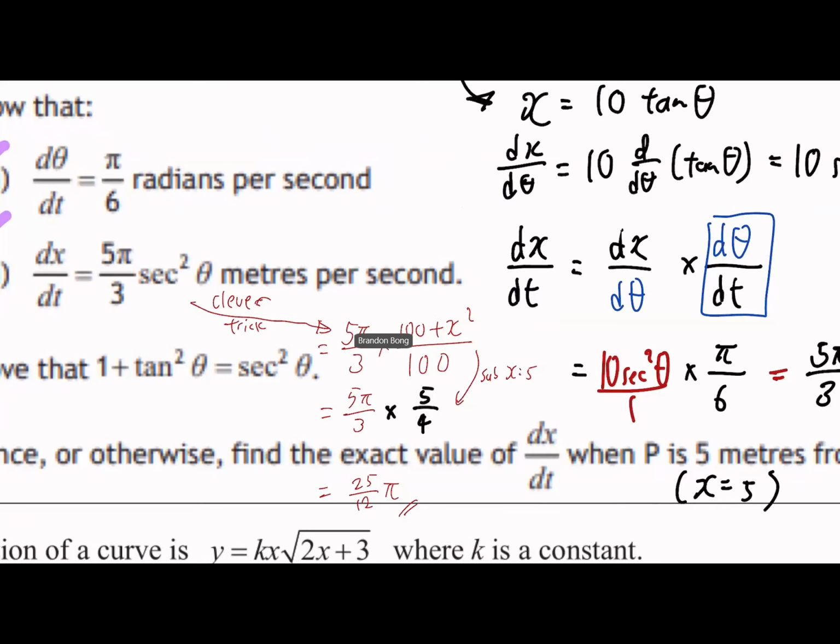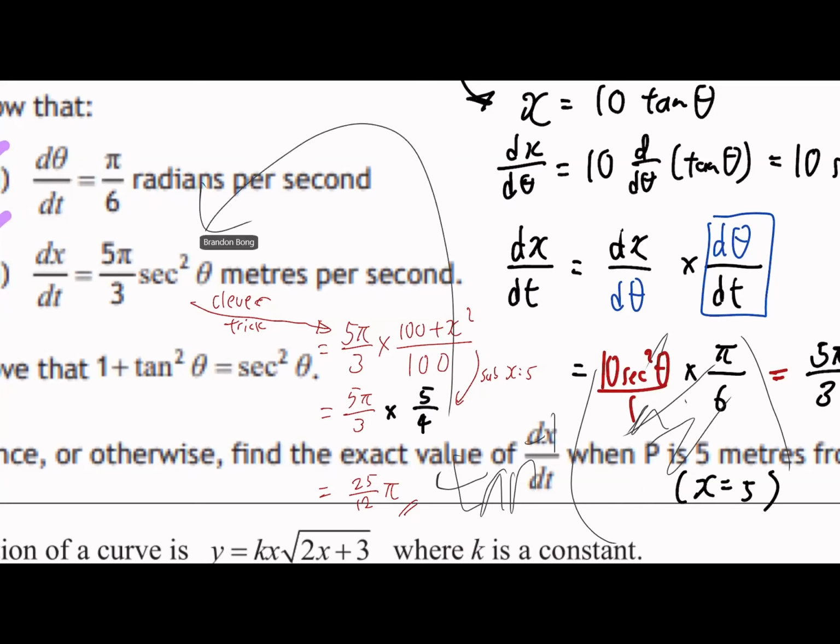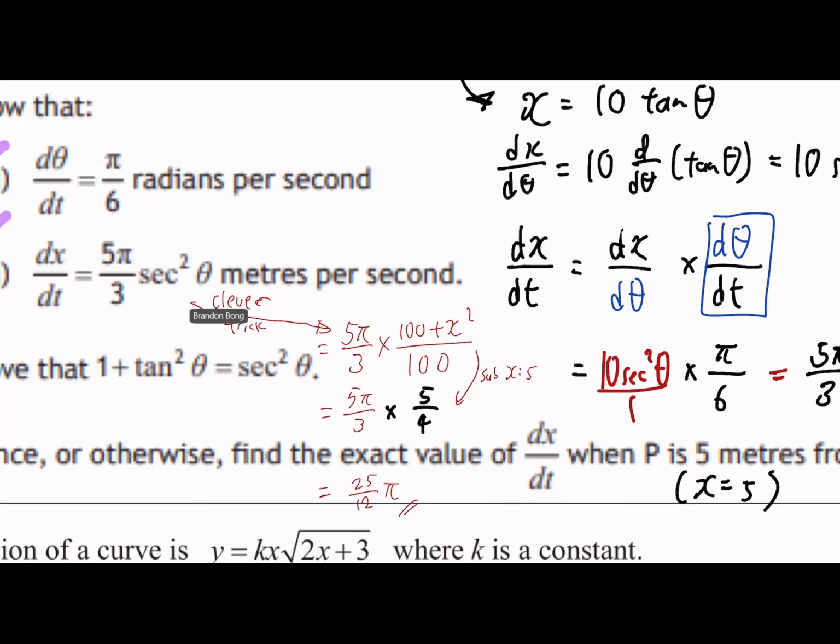But then why is it when you do tangent inverse of half and then sub into the theta, why is it not the exact value? You didn't use the exact calculator value, is it? Let me, I did.